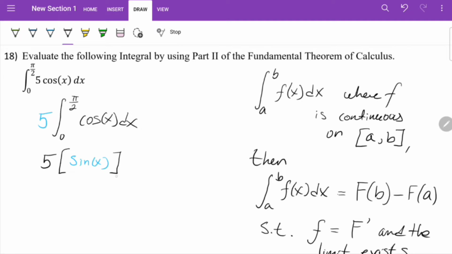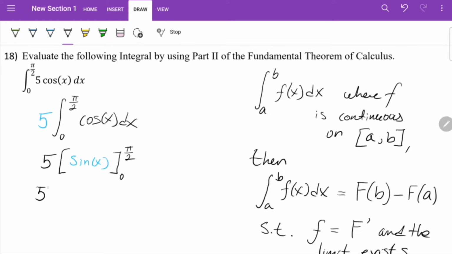And we're going from 0 to pi over 2. Once you take your antiderivative, you're going to plug the value of b, which is pi over 2, into your antiderivative. And then you're going to subtract that from when you're plugging in the value of a into your antiderivative.